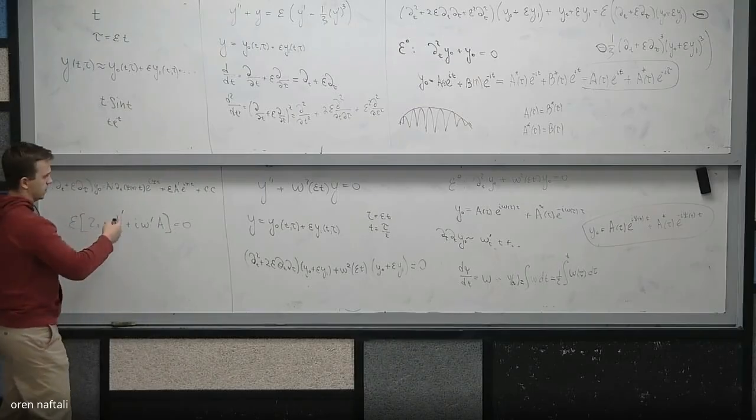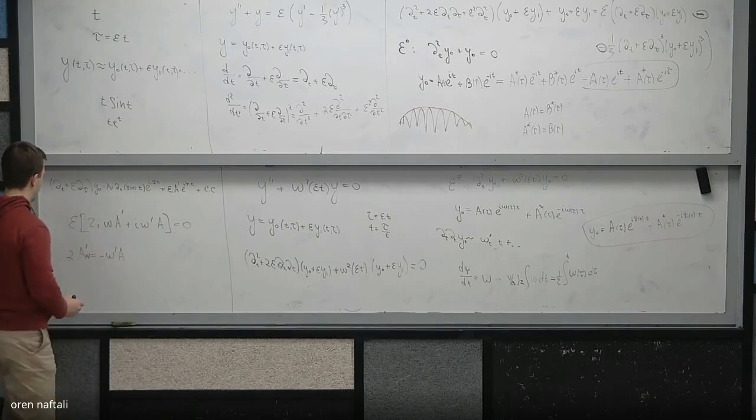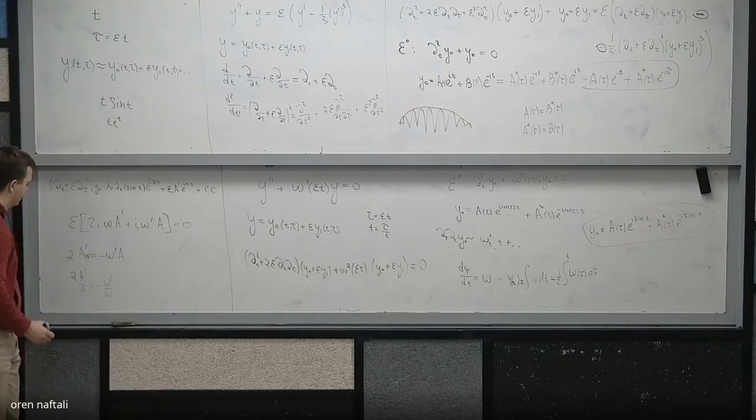This is the next order correction. So I have 2A prime equals minus omega prime A over omega. Basically, 2A prime over A equals minus omega prime over omega.